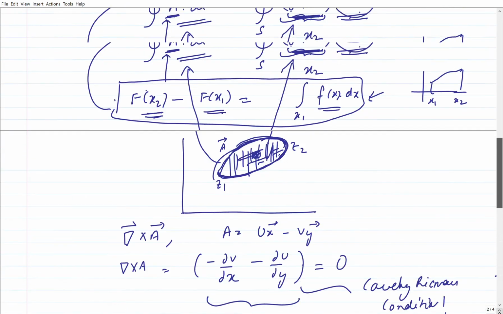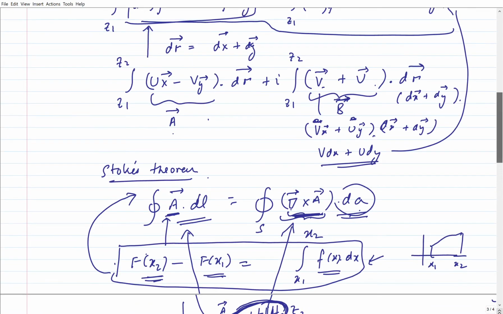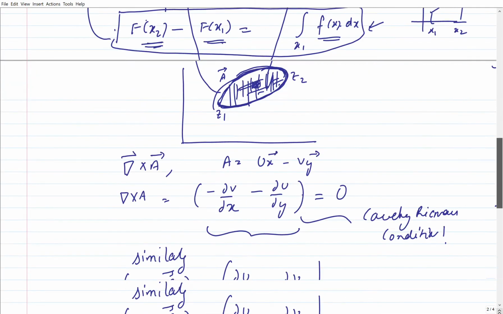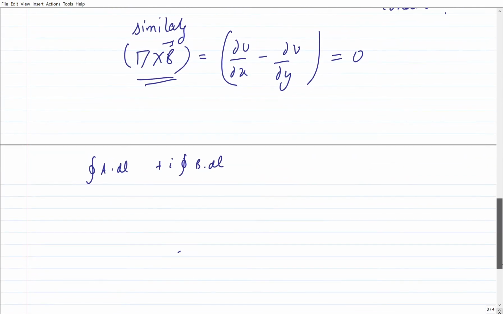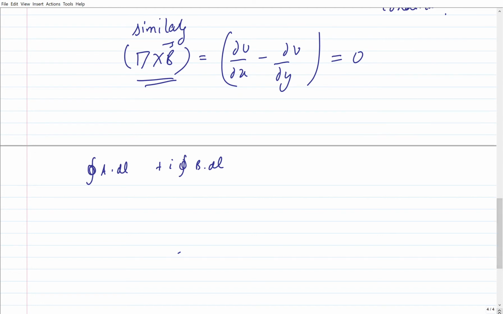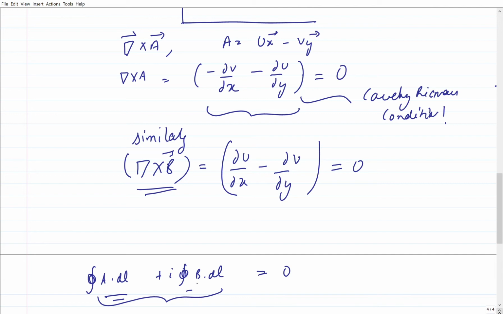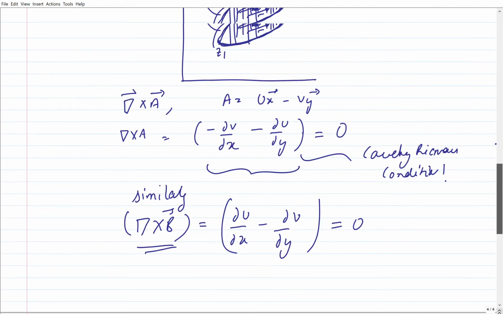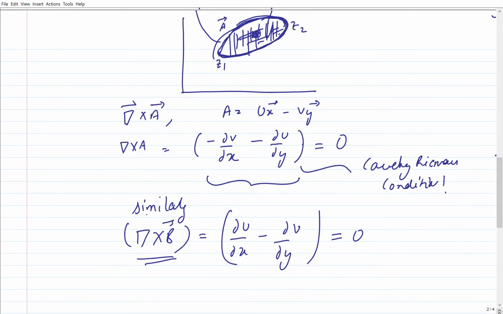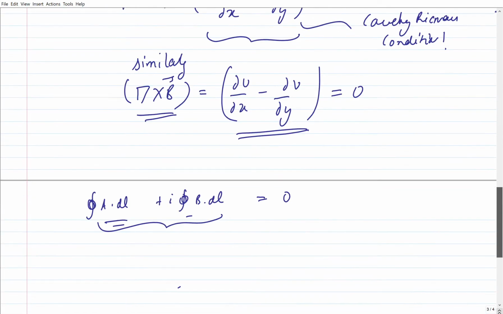Remember, this was my integral b dot dl, a dot dl or a dot dr, whatever, and that over the loop, evaluated over this entire loop, turns out to be 0 because of my ability to express the loop integral as an integral of the derivative of the surface and then of the curl over the surface and putting in the Cauchy-Riemann conditions.